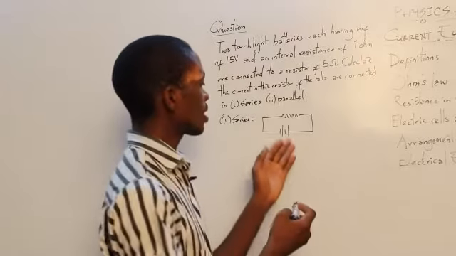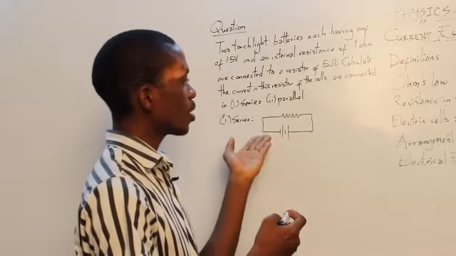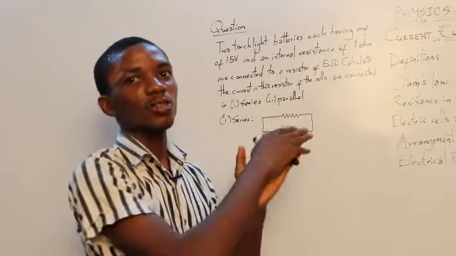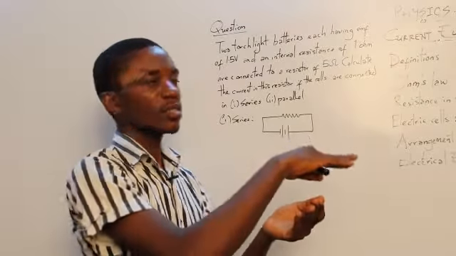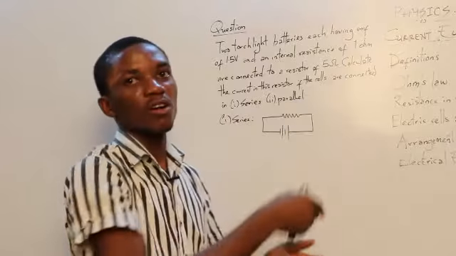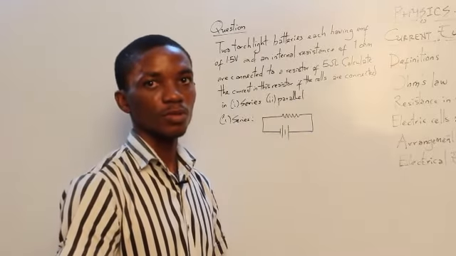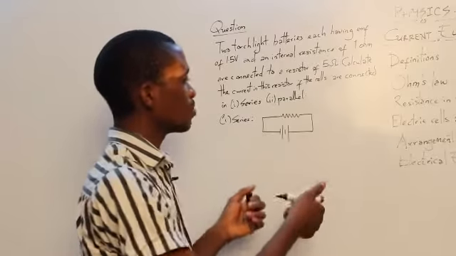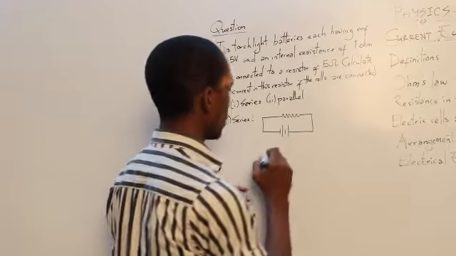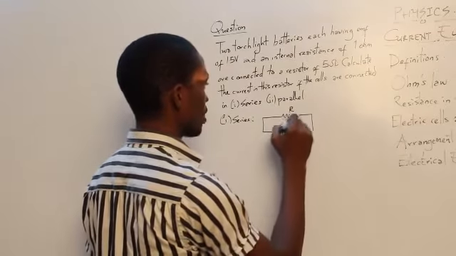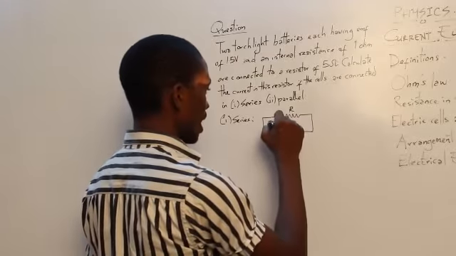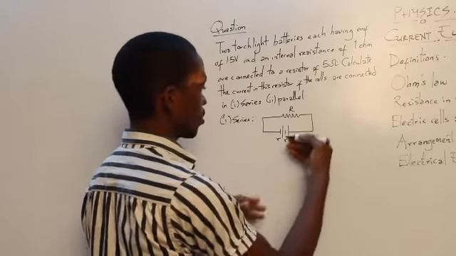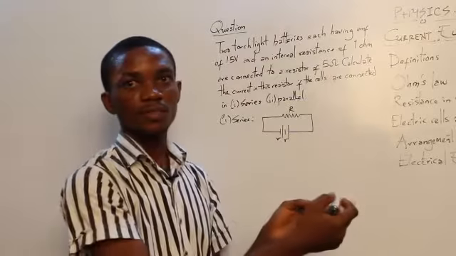So the internal resistance is connected in series as well. Since the cells are connected in series, the internal resistances are also connected together in series with the already existing resistance in the circuit. So if you want to depict this, we can redepict it as something like this: this is the resistor, inside this we have an internal resistance, inside this we have another internal resistance. So it's all connected in series.